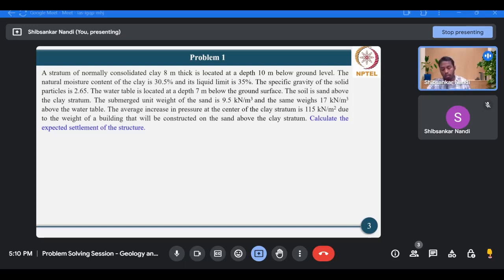If we want to draw the soil stratigraphy for this specific problem, it will look something like this.